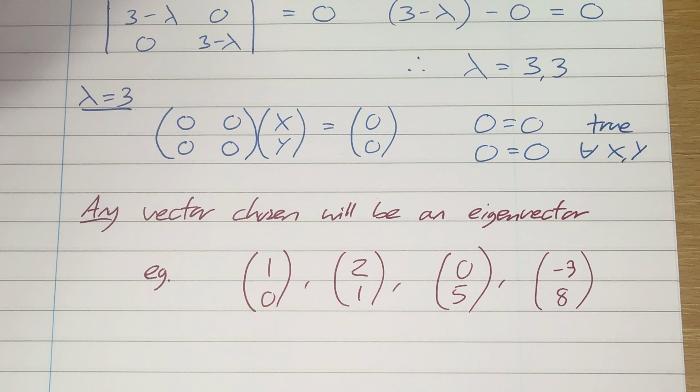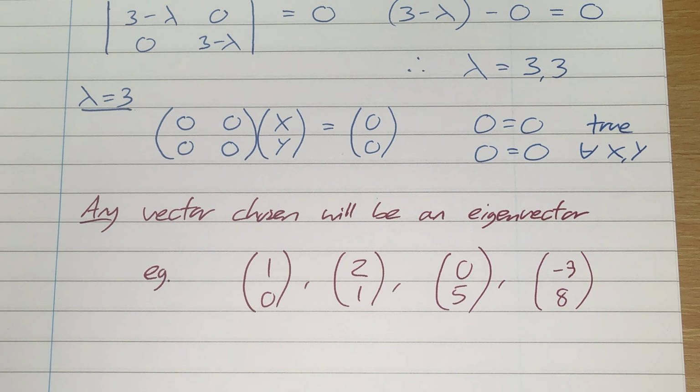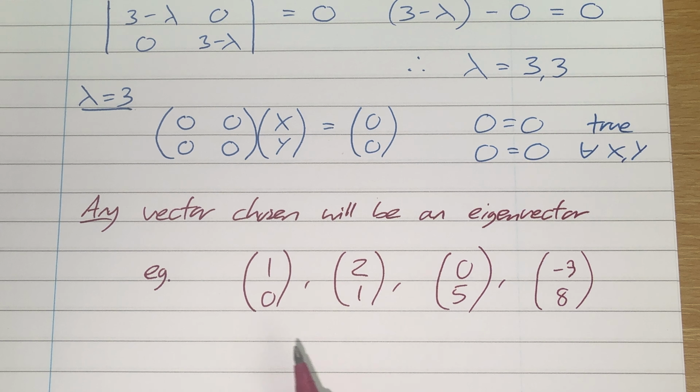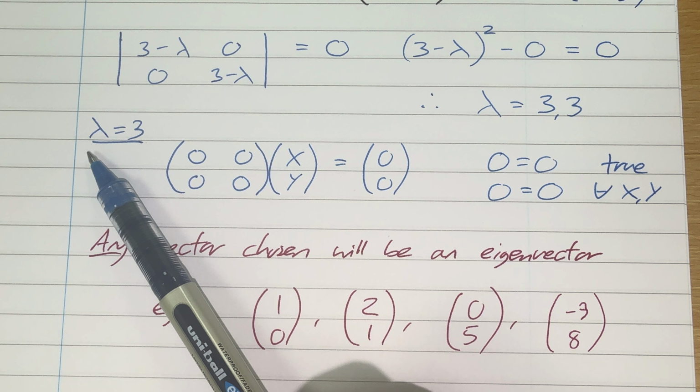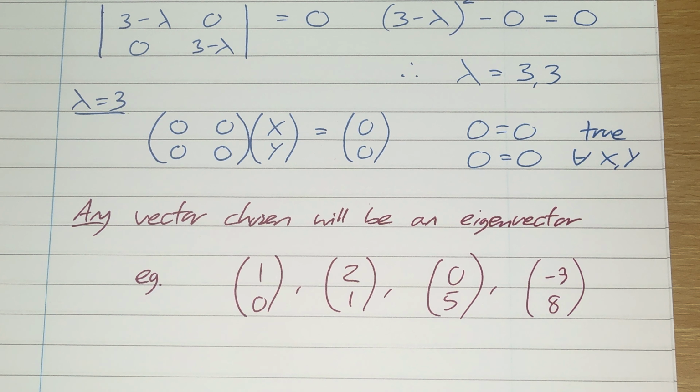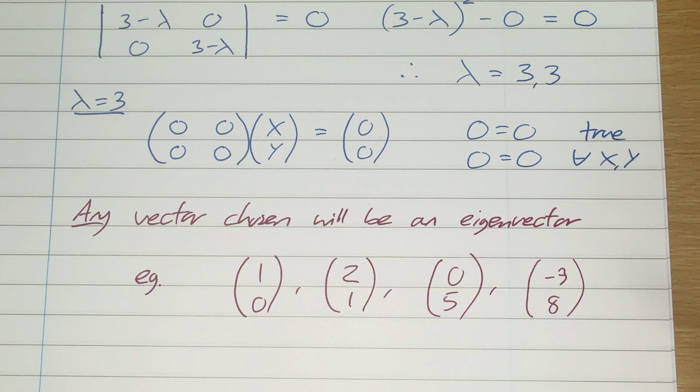And we'll see a similar case in 3 dimensions where there'll be a repeated eigenvalue, and you can choose any two eigenvectors in a particular direction, and then there's infinite numbers. You can add those together to give you a new eigenvector. We'll see that when we get to 3D. But for now, 2D case, lambda is 3 for this enlargement. Any vector you choose will be an eigenvector.